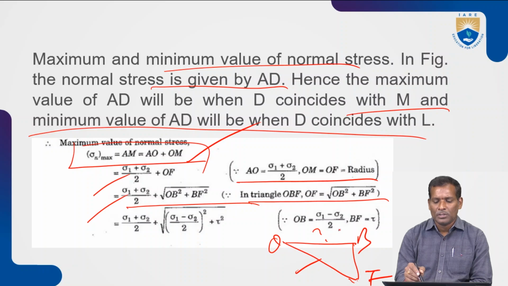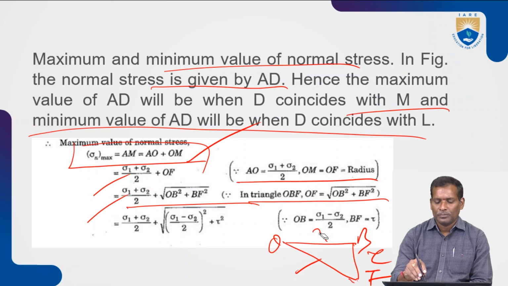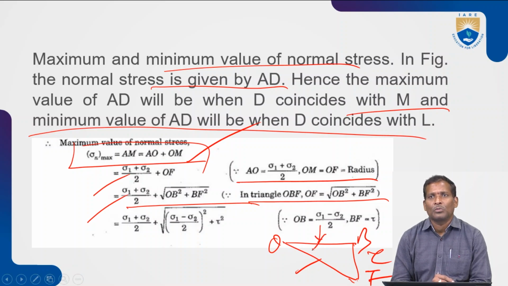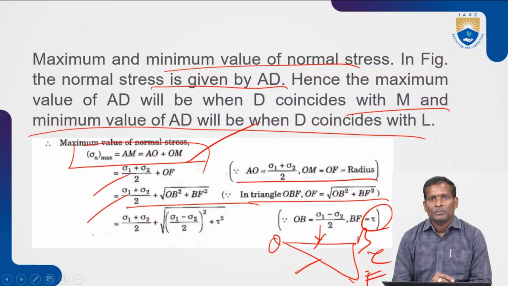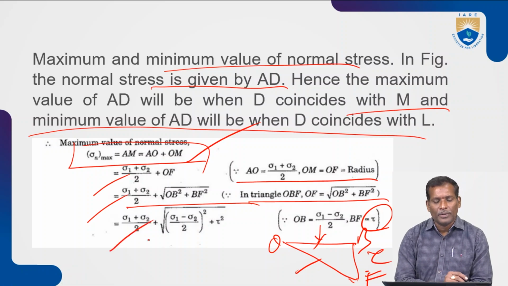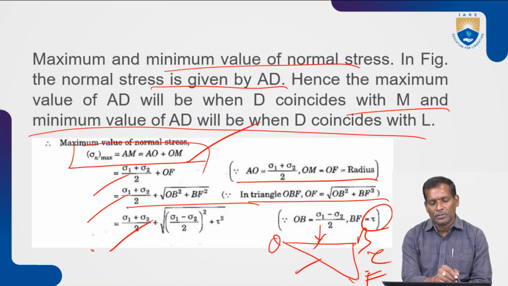So the OB is equal to sigma 1 minus sigma 2 by 2. The BF is equal to tau value. So now substitute in this equation, you will get sigma 1 plus sigma 2 by 2 plus square root of sigma 1 minus sigma 2 by 2 whole square plus tau square.